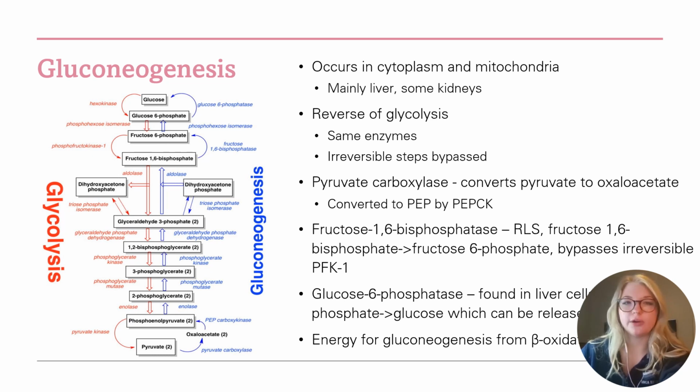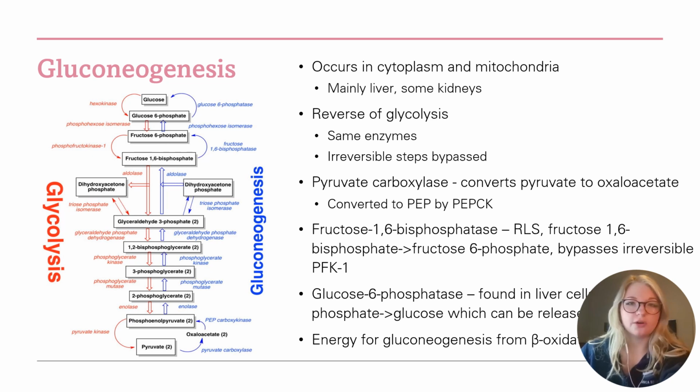It is important to point out that once pyruvate has been converted to acetyl-CoA by the pyruvate dehydrogenase complex, it cannot be converted back to glucose. When looking at the process of glycolysis, we can see that there are three irreversible steps, those involving the enzymes hexokinase, PFK1, and pyruvate kinase.